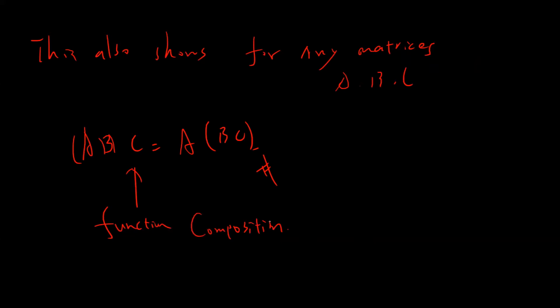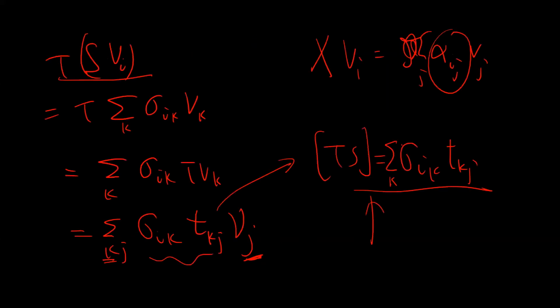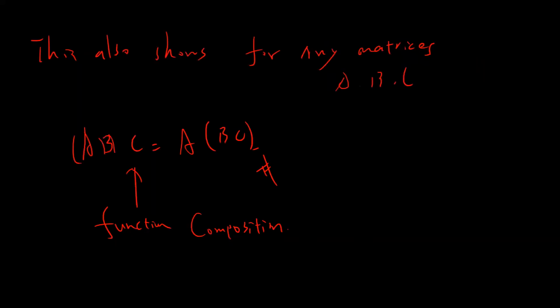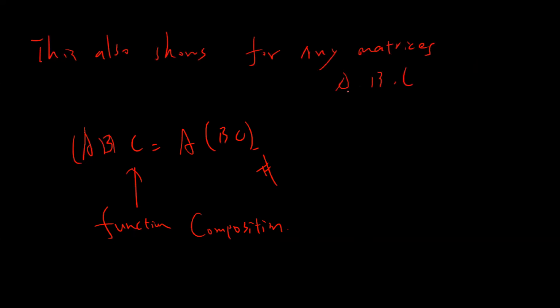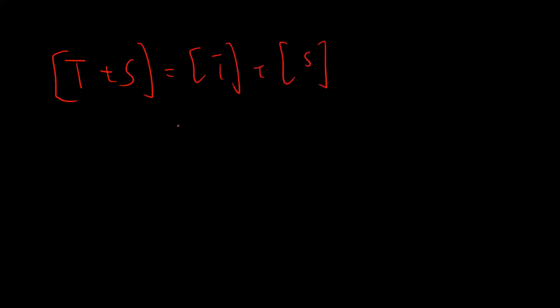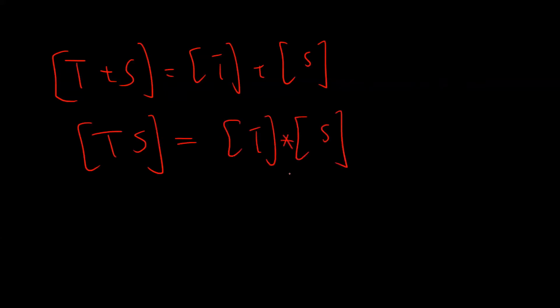So from now we know that we showed that if we take T plus S and write it as a matrix, we get the matrix of T plus the matrix of S. And then we also proved that the matrix representation of TS is given by this special multiplication, called matrix multiplication, right?